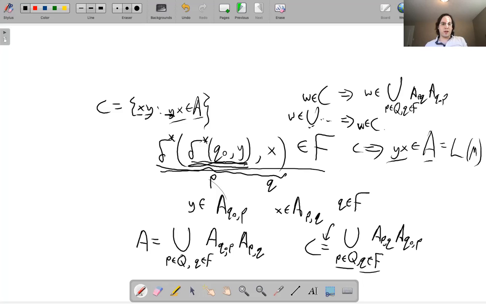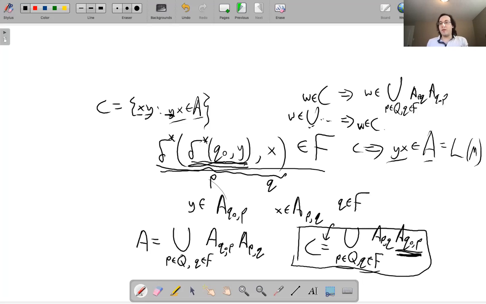The point is that you should remember this trick of considering the languages A PQ, and how you might decompose various languages that were constructed out of A through the languages A PQ. For example, here we did it this way. The languages A PQ we know are regular, and therefore any regular operations that you apply to them will still give you regular languages.